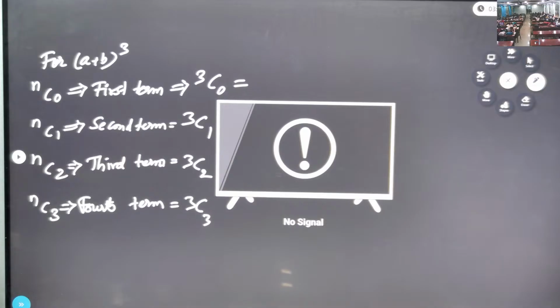Okay, that is 3 factorial by (3 minus 3) factorial into 3 factorial, which is equal to 1. Right? Finish everyone. Up to 3 completed. If you have completed up to 3, at the bottom write n.